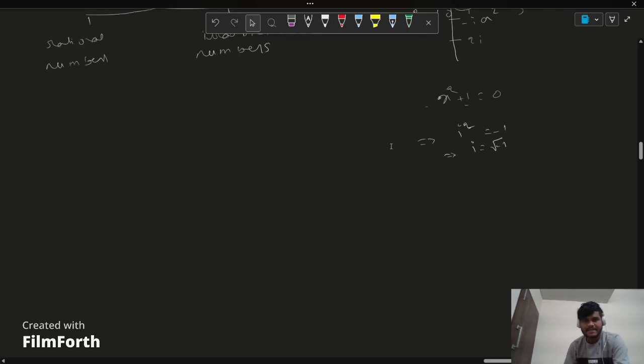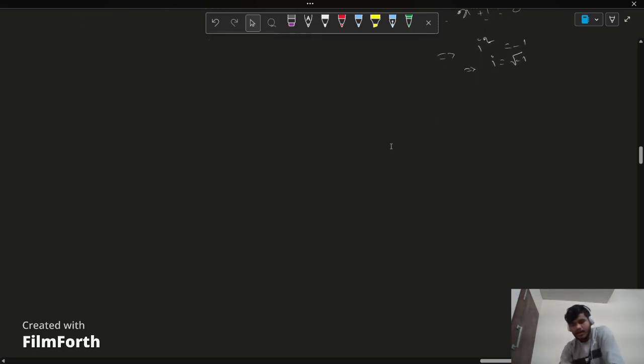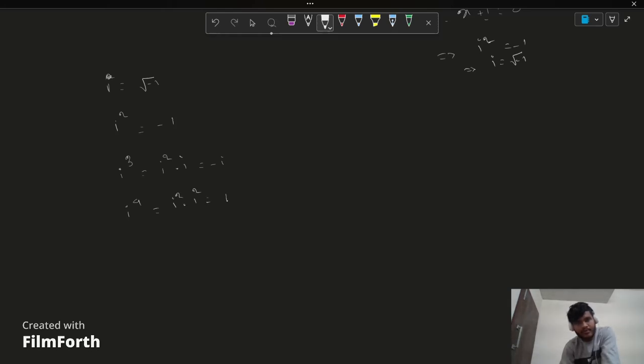Now the i we just discovered has some nice properties to begin with. We know that i is root under minus 1, and i square equal to minus 1. Then i cube is i square into i, that will be minus i. Then i to the power 4 will be i square into i square, like minus 1 into minus 1, that will be 1.